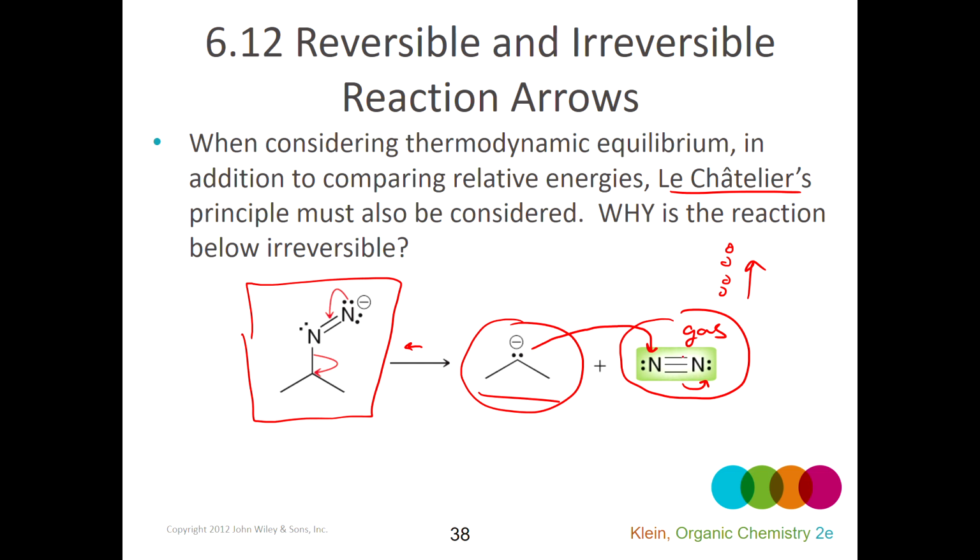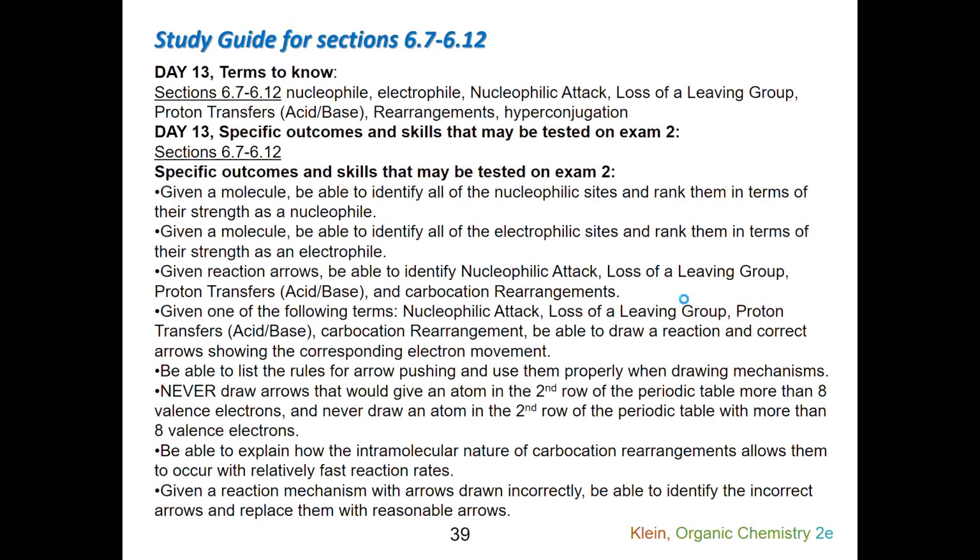So we can use Le Chatelier's principle to drive this reaction to produce something that's really unstable that we can then use to do another reaction and start to make a new carbon-carbon bond or something like that. So we'll see more examples of that moving forward as well.